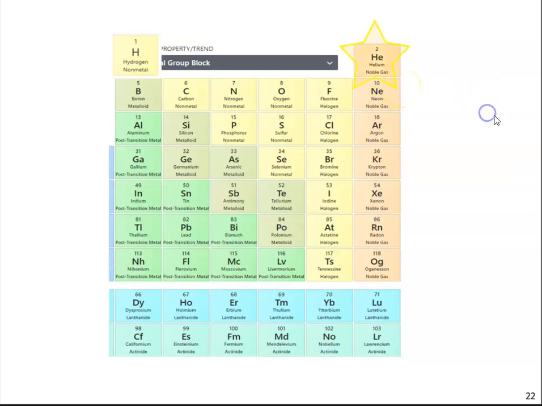But I like to think of helium as the star of the show, the corner linchpin of this whole idea. We're not going to use it in any bonds, but we look at it as the prime focus of the rest of the periodic table.